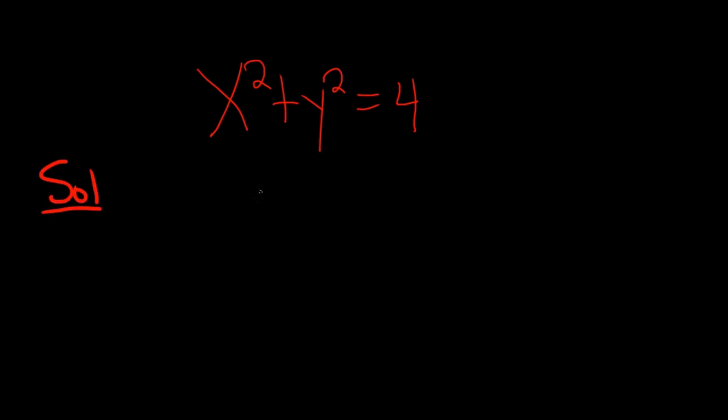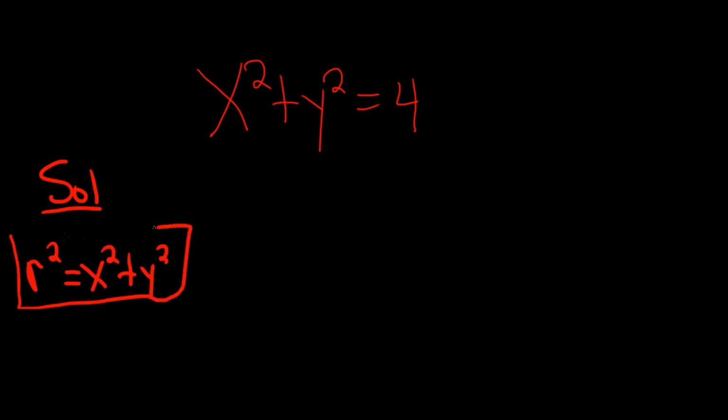The formula that we're going to use is r squared equals x squared plus y squared. This is one of the formulas that is totally worth knowing. In this case, this whole left-hand side is simply r squared, so we have r squared equal to 4.